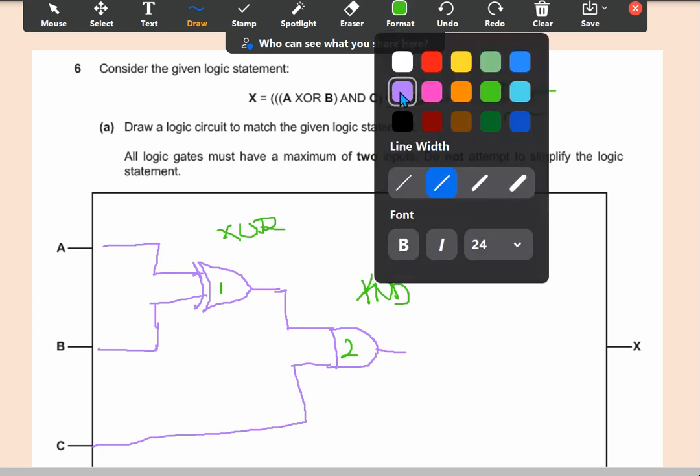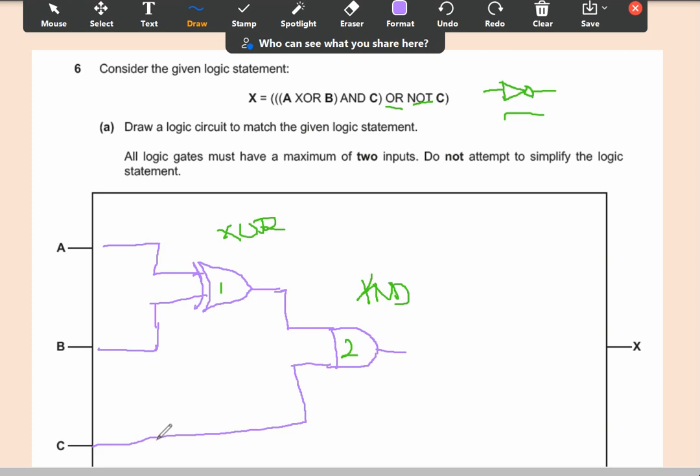I'll create a small detour here, a line from the C, and then I'll draw here the NOT gate. Okay, just a very bad drawing. However, make sure to draw it properly when you are trying to answer this kind of problem. Let us add more lines here. I'll now call this gate number 3.